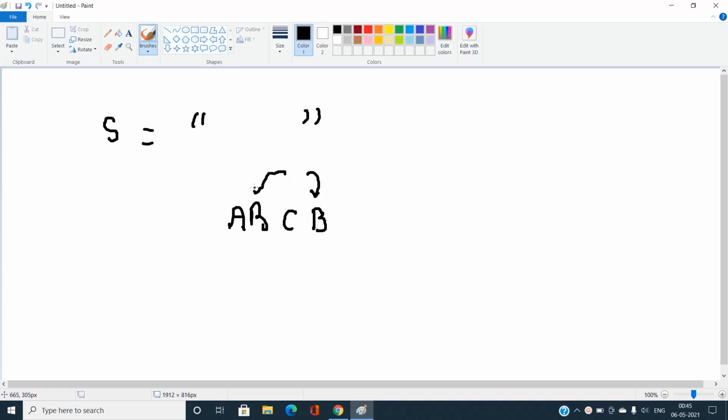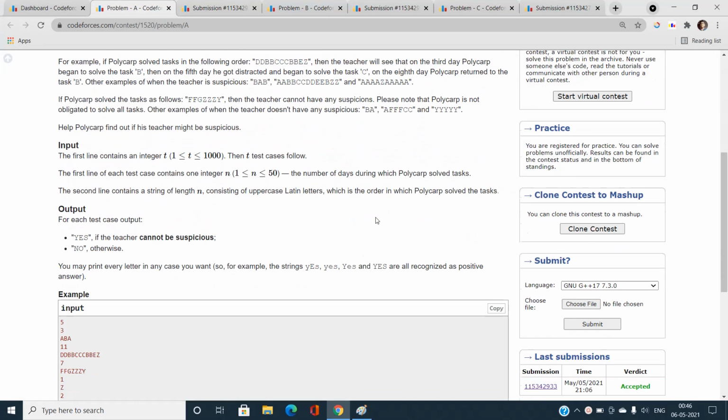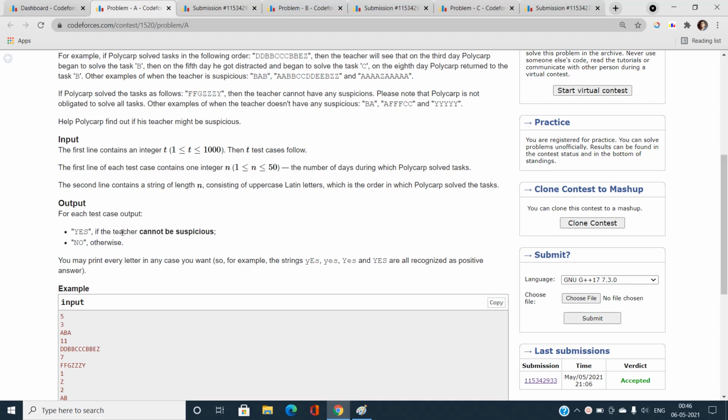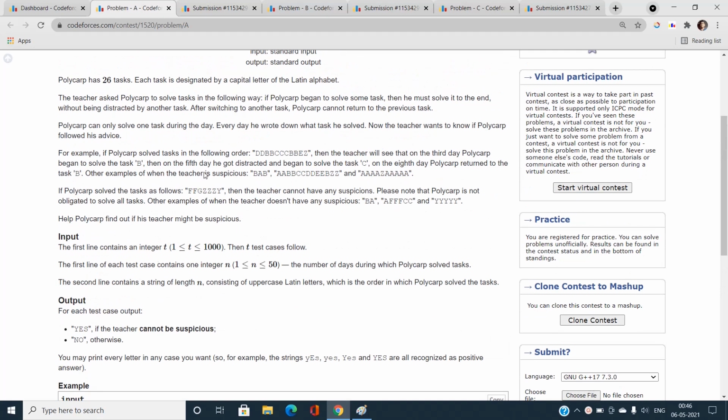If some character is repeated again rather than in continuous form, that is, we have the character A, then the character changes to B, and then we find the same character A again, then I'm going to report that this is suspicious to the teacher.